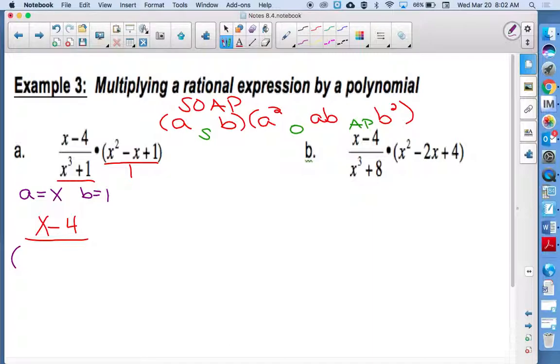X plus 1, and then x squared minus 1x plus 1 squared. Good, perfect. So a, same sign, b, a squared, opposite sign, a times b, always positive, b squared. And we're multiplying that with x squared minus x plus 1.